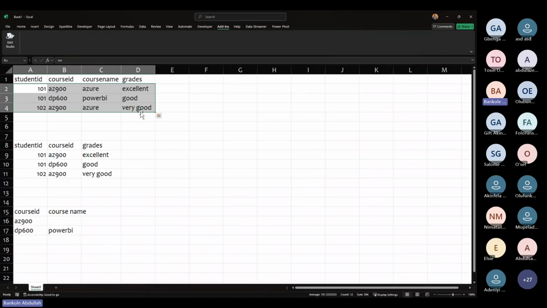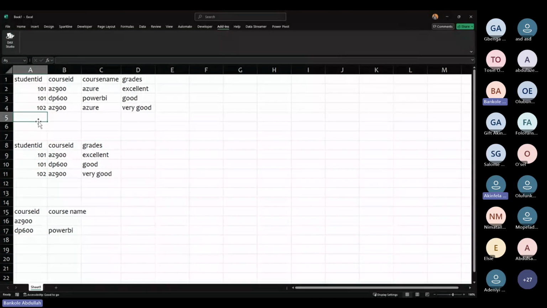Especially if they are in the beginning of the table, like this. Should they show more than once? No. They are not supposed to show more than once, isn't it? Yes. Now, in another instance, we could have had a student table somewhere that would have had 101, 102, 103, and the names of that student in one table called the customer table.